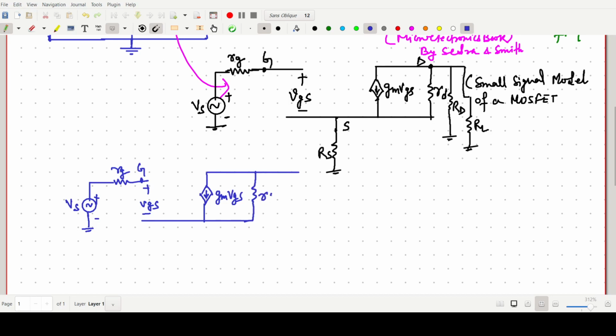This one is nothing but simply RD, and this RD and RL are in parallel. RD is in parallel with RL, so I am writing the equivalent resistance, say RL dash.